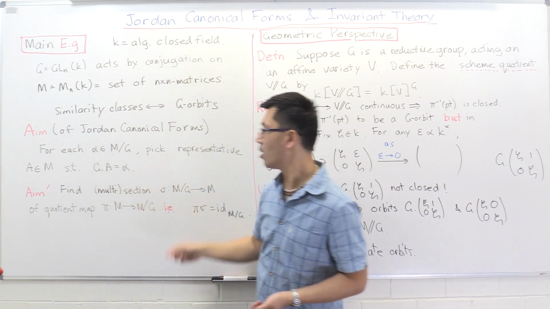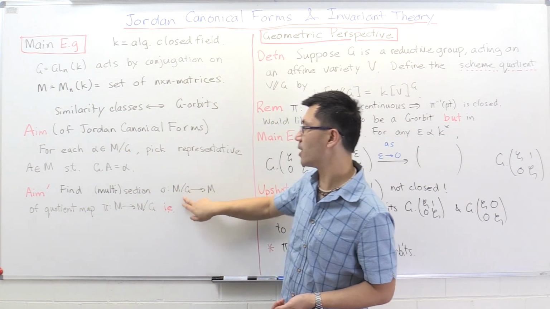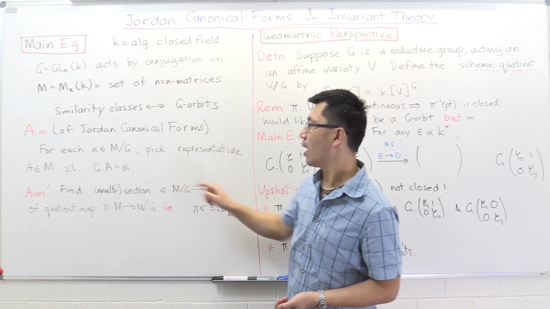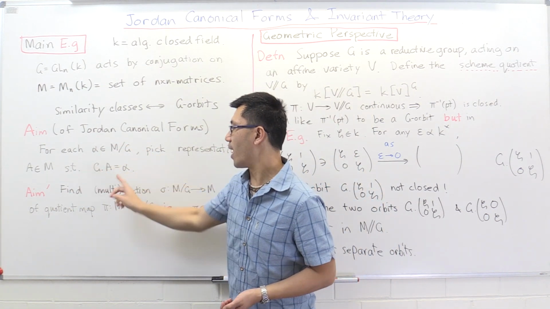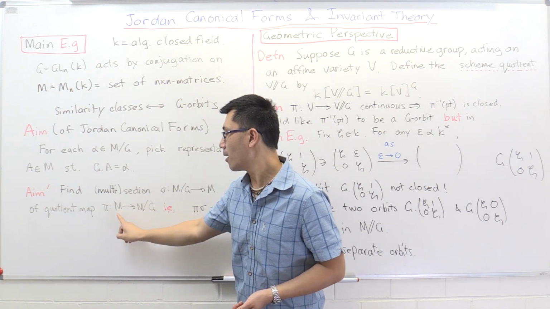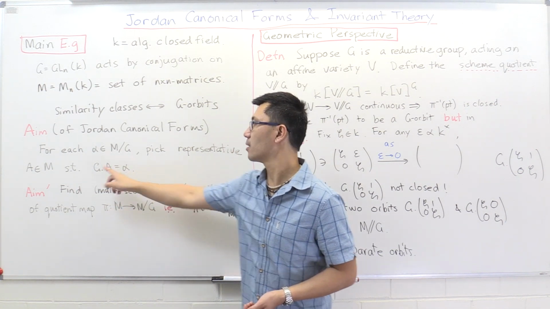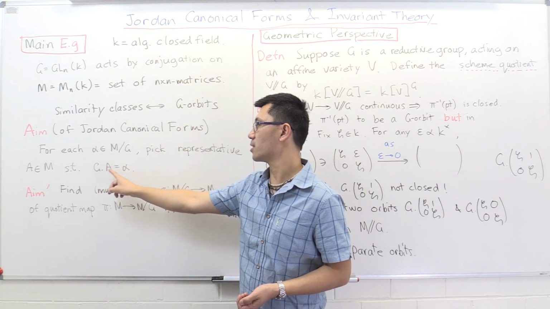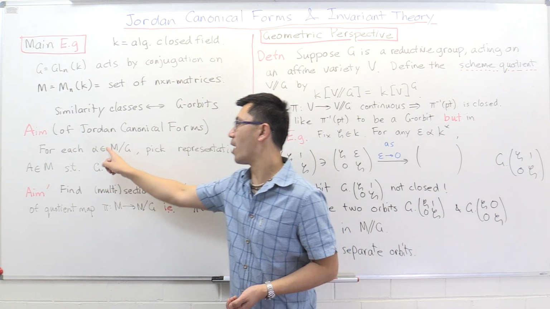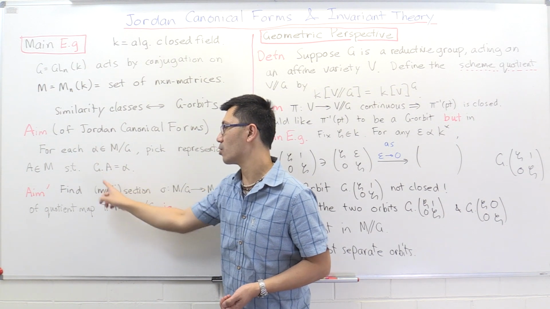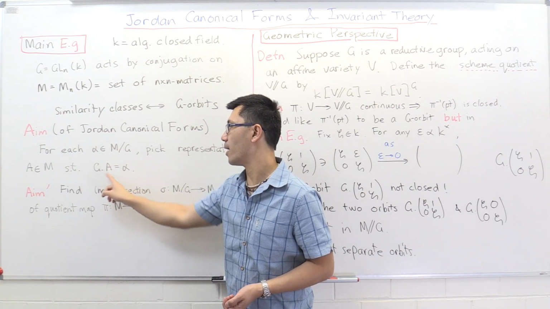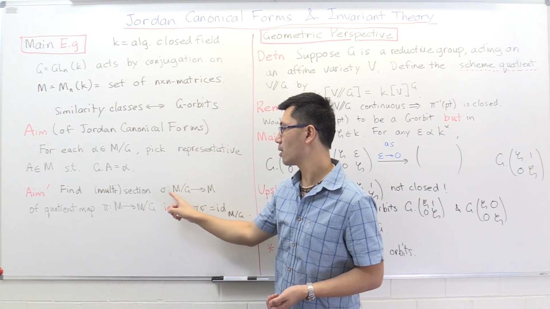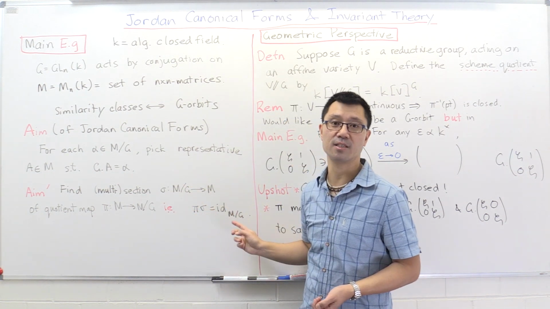To see that, you start with this alpha, you map it to the A, and then G dot A is given by pi, and you want this G dot A to equal alpha, the original one. So it's the identity on alpha: alpha maps to A, and then you send it to pi of that A, which is G dot A. If you do the sigma first, and then the pi, you get the identity.